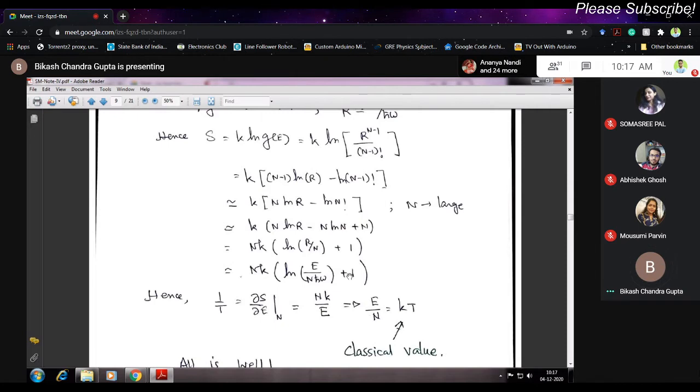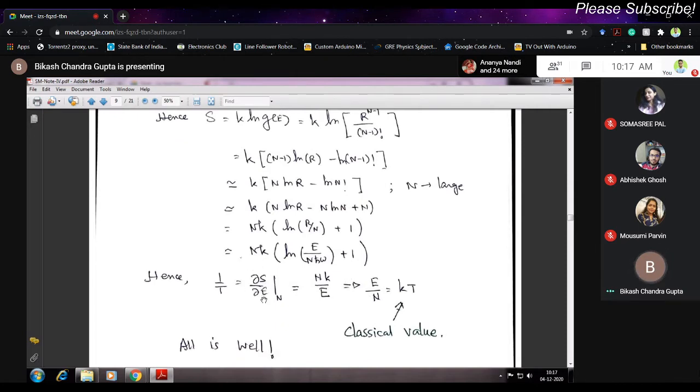If you take the derivative with respect to e, you get 1 by T. So it gives you nk by e, because the derivative of ln of this is 1 by e by n h cut omega, and then you take the derivative of this; again in the denominator, 1 by n h cut omega cancels.